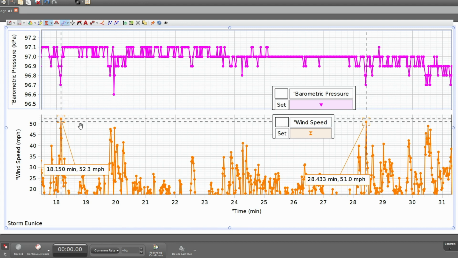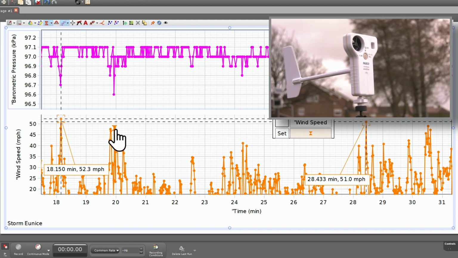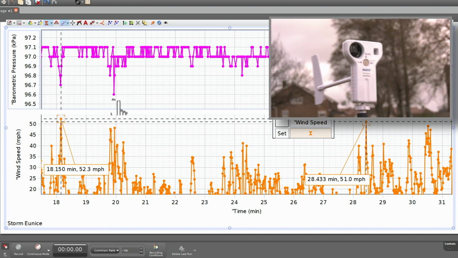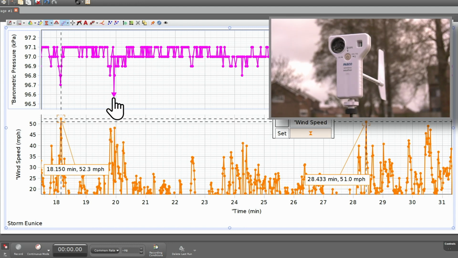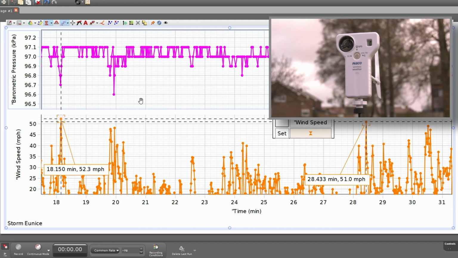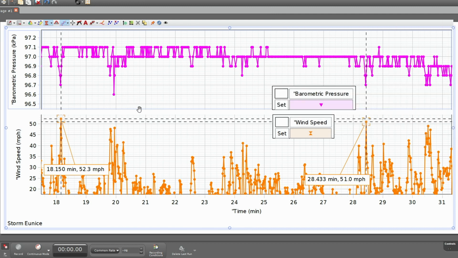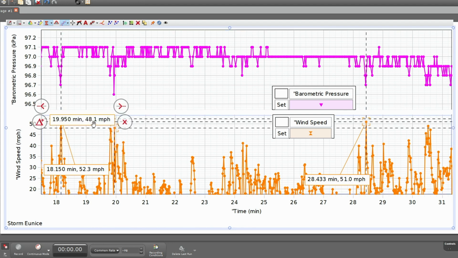And if you follow these through, every time we have a wind gust like this one, then also there is a corresponding drop in the barometric pressure. And that was our highest gust we got at 52.3 miles an hour. We have another one here which was 48.1 miles an hour.